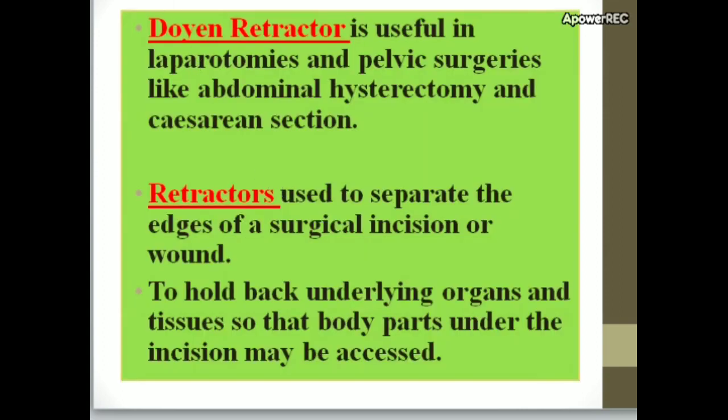Doyen retractor is useful in laparotomies and pelvic surgeries like abdominal hysterectomy and cesarean section. Retractors are used to separate the edges of a surgical incision or wound. What is a retractor? A retractor is used to separate the edges while you are cutting the organ or tissues.